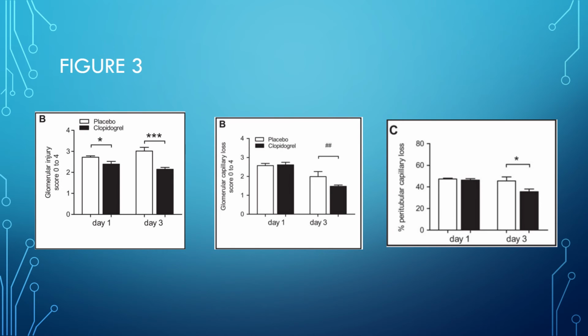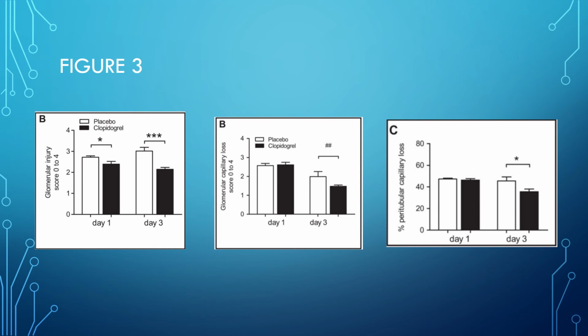So they first looked at clopidogrel's ability to decrease glomerular injury, which they saw that both in day 1 and day 3, compared to the placebo, it had a significant decrease in this injury.